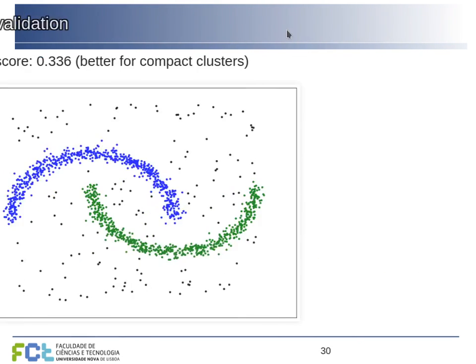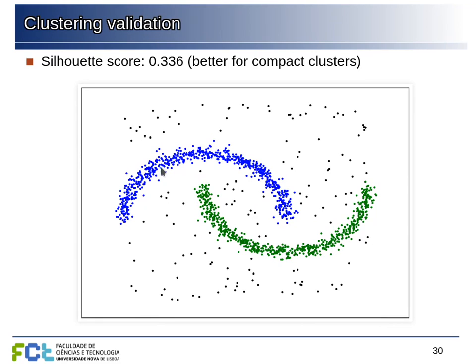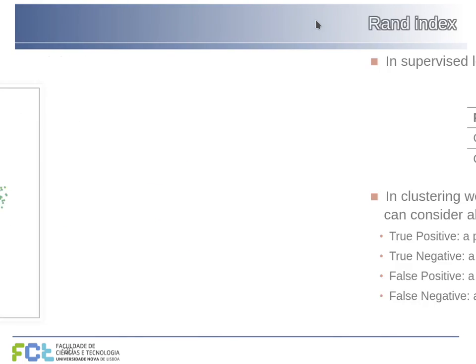And suppose that we had these two groups, green and blue, previously defined. So if we take a pair of points in the blue and they belong to the same cluster, this is an example of a true positive. They belong in the same group and we place them in the same cluster.